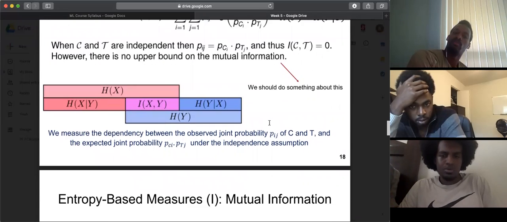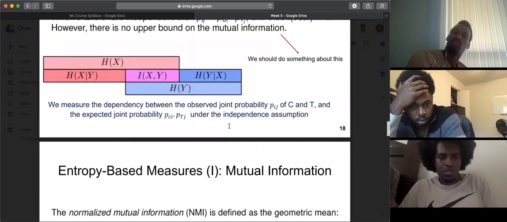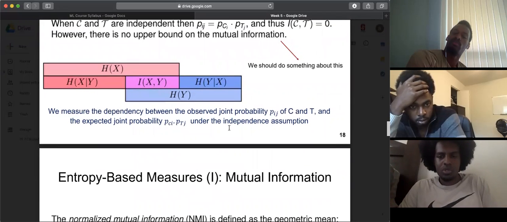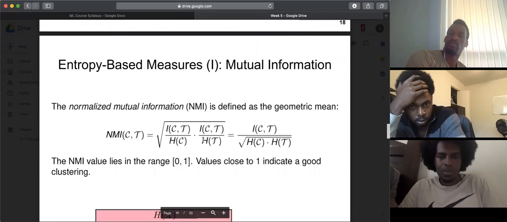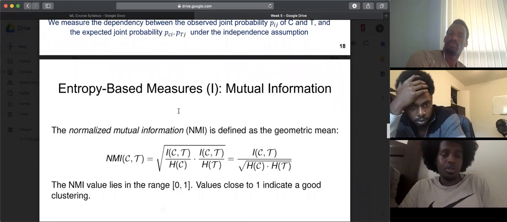So mutual information again. We measure the dependency between the observed joint probability P i j of C and T and the expected joint probability P C of i times P T of j under the independence assumption. You could have a normalized mutual information. It's the geometric mean.